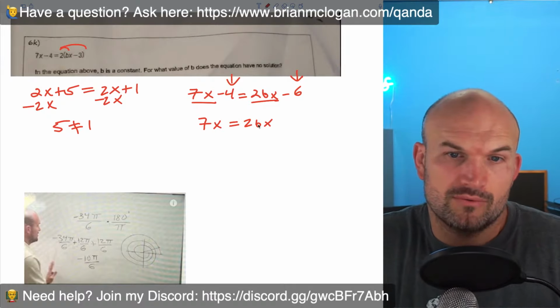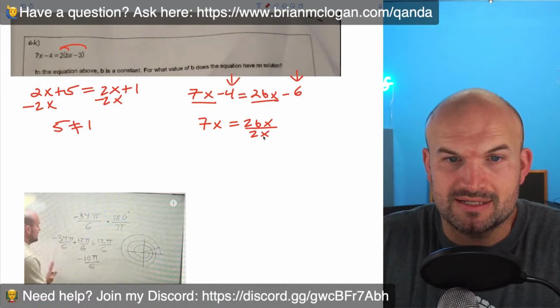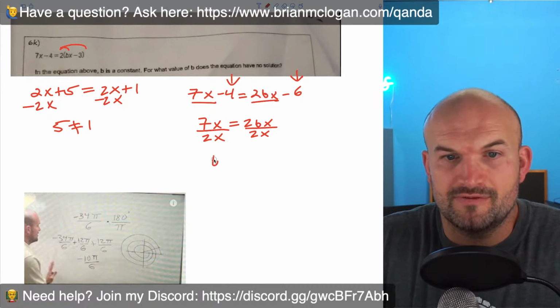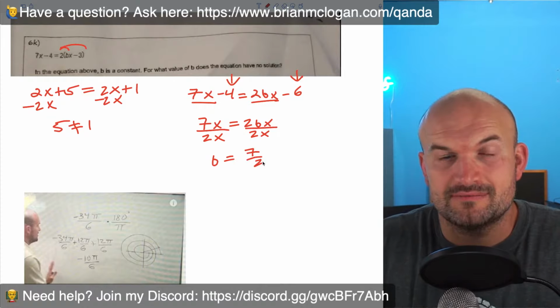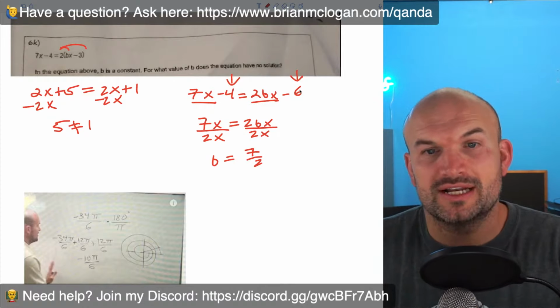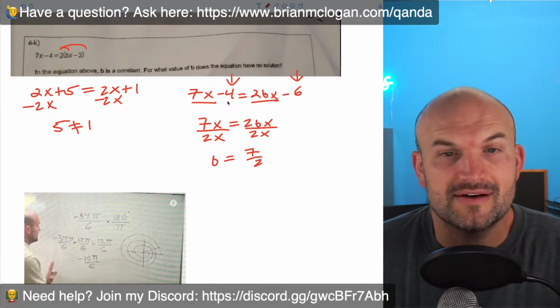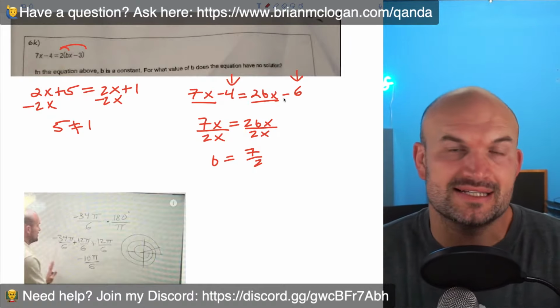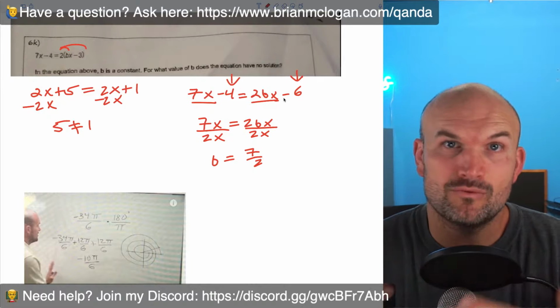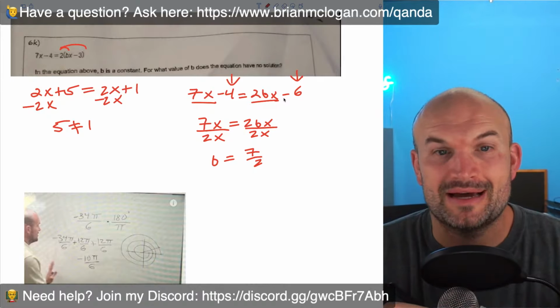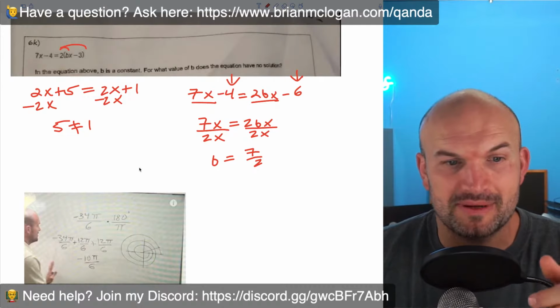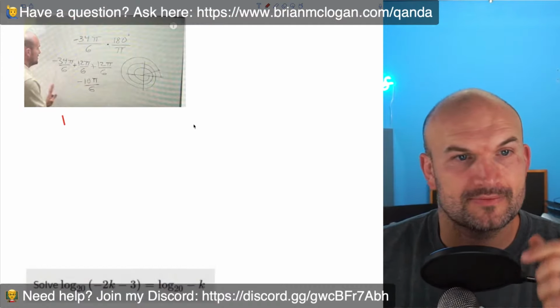I divided by 2x on both sides and got b equals 7/2. When that works, you get 7x equals 7x, and obviously negative 4 and negative 6 on opposite sides would create no solution. So that at least works. That is a solution. I don't know if that's the only solution. I'd have to spend a little more time looking at that.